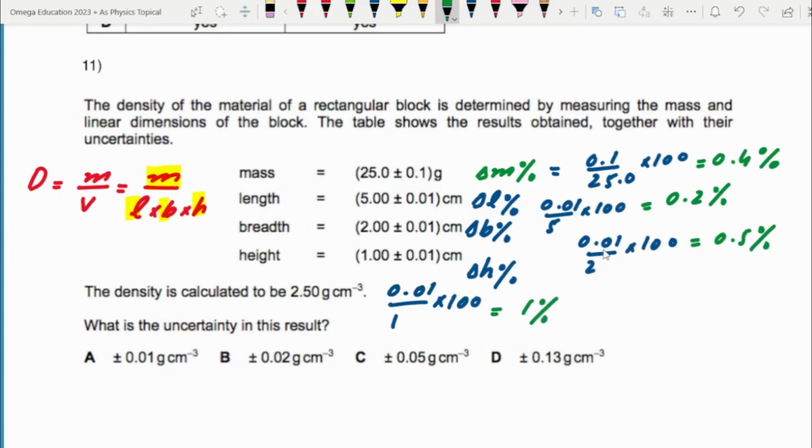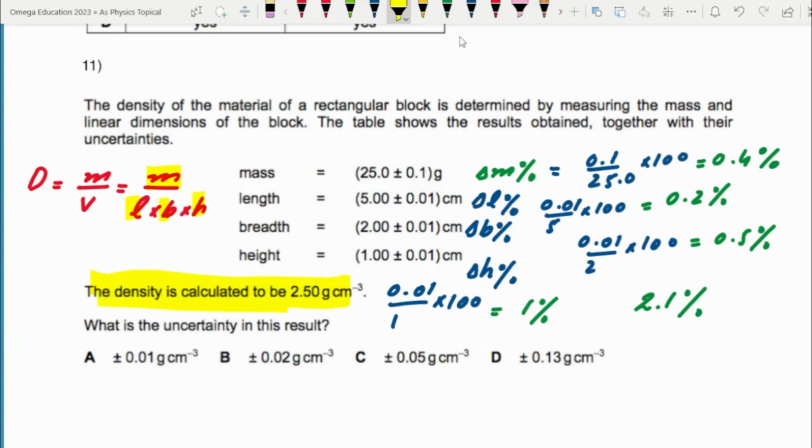Then you add all of them. 0.4 plus 0.2, 0.6 plus 0.5, 1.1 plus 1. So we get 2.1%. 2.1% of what? 2.1% of the principal value.